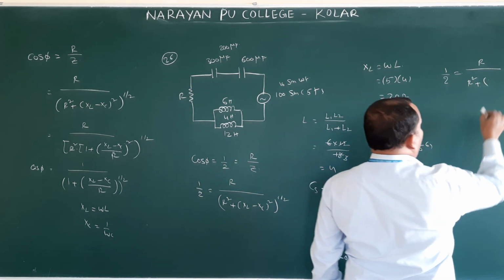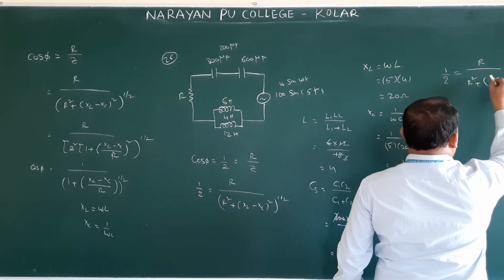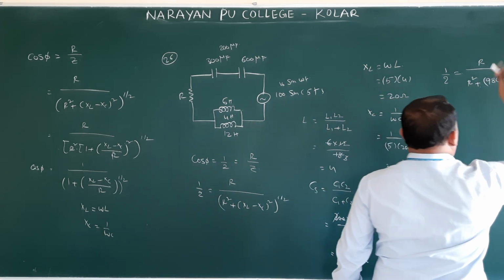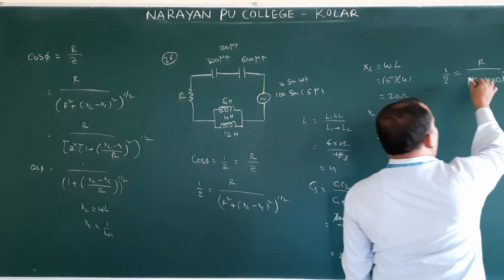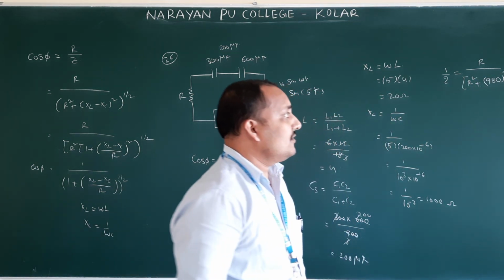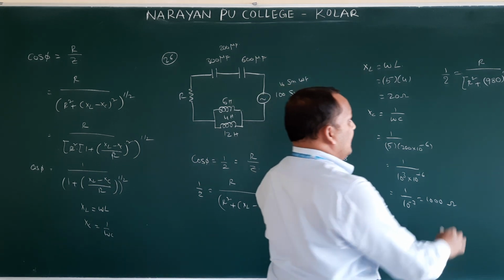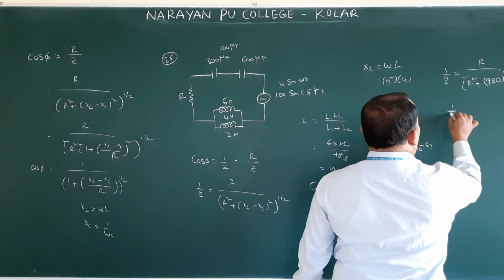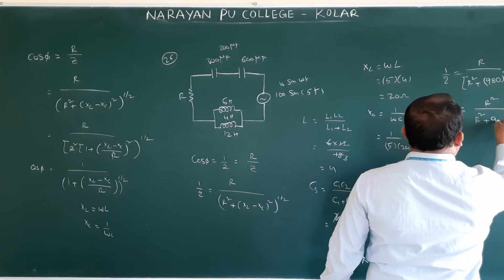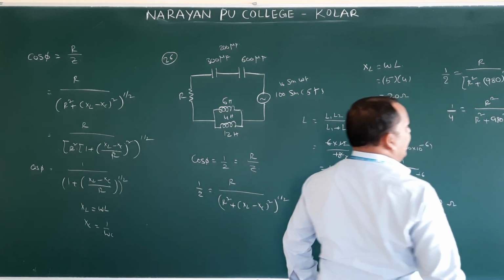So 0 minus 0, 0, 8, 980 whole square. Whole power 1 by 2. Whole square is there, therefore you don't need to worry about the negative sign. Squaring on both sides, 1 by 4 is equal to R square by R square plus 980 square.